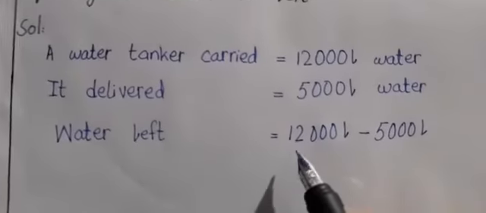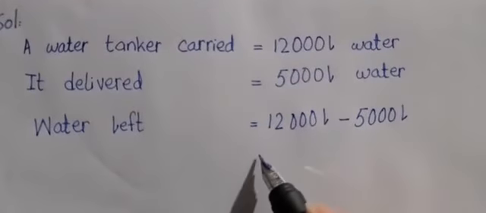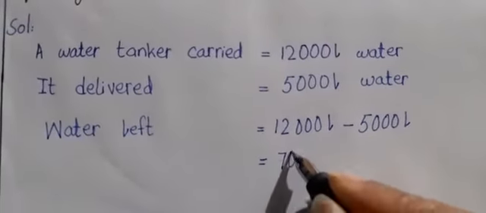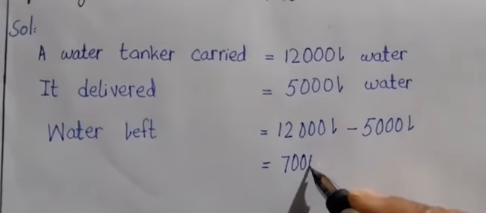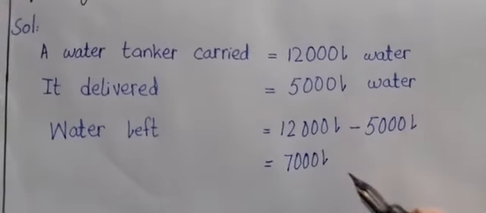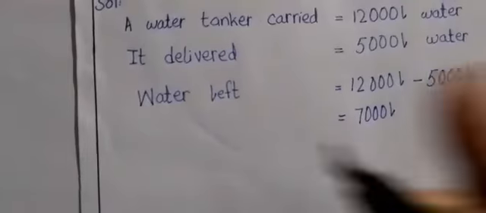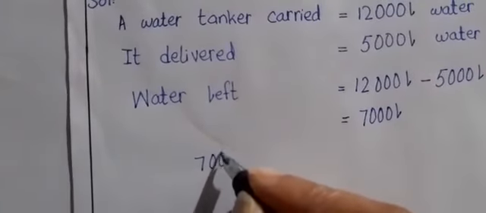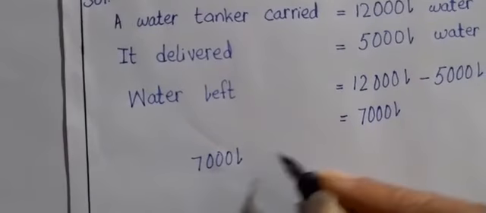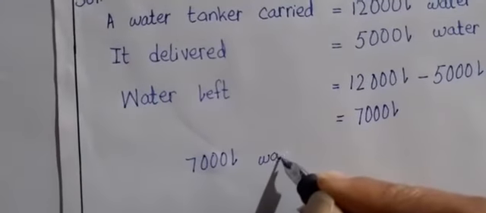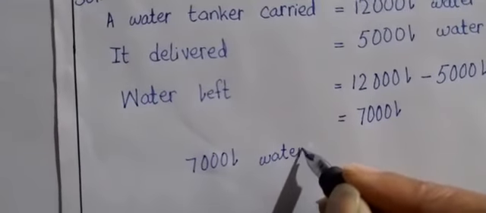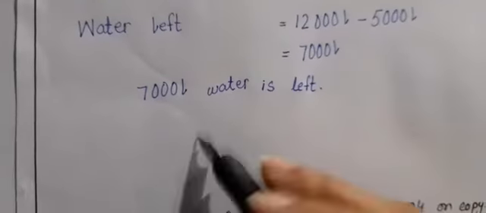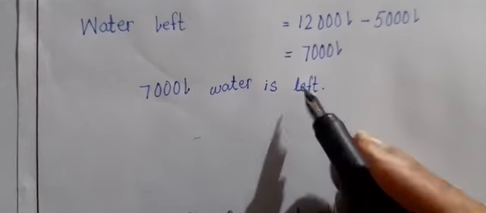Okay, so as you know 12 minus 5 is 7, so our answer is 7,000 liters of water is left. Now we have to write the answer in words, so we write 7,000 liter water is left.